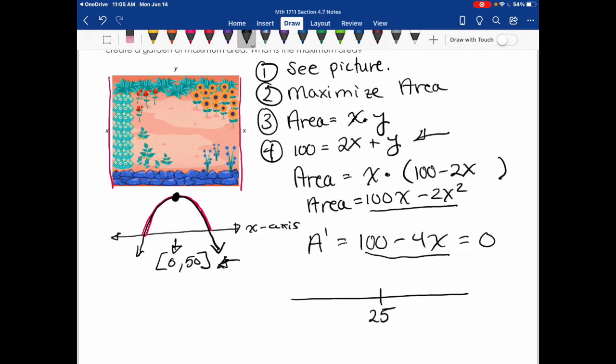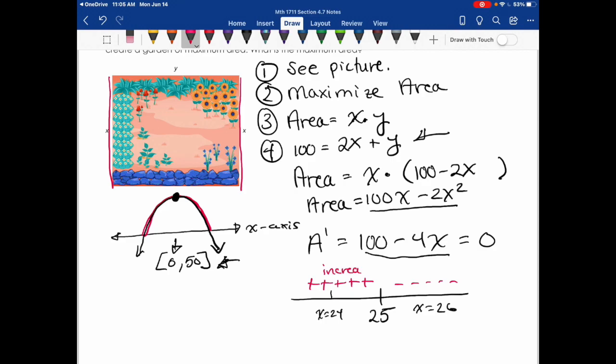So when I plug into the derivative a point to the left of 25, let's say 24 for my test point, I'm going to get a positive value. And when I pick something to the right of 25, let's say 26, and I plug 26 into my derivative, I'm going to get a negative value.